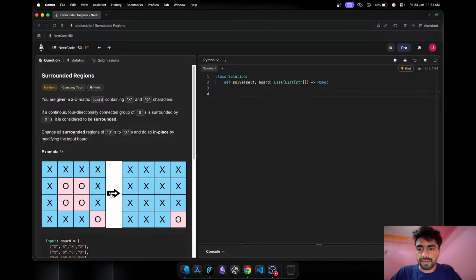So to solve this problem, for every single traversal we first need the row and the column. So row is the length of the board, and column is the length of board zero.